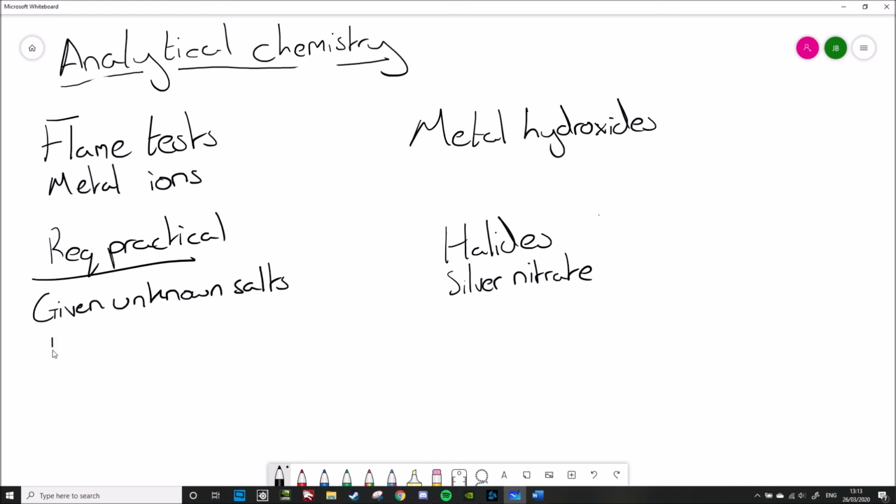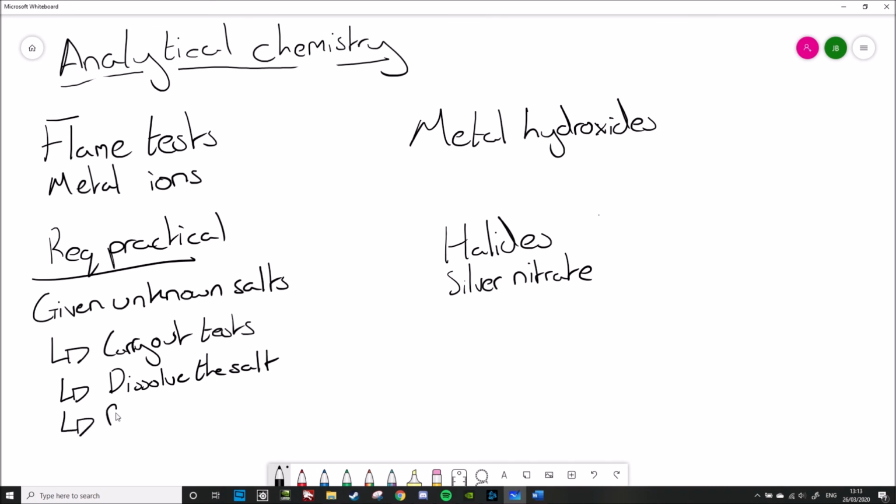So you'll carry out the tests. Sometimes you might have to dissolve the salt to make a solution. So in the example of flame test, you want them as a solution. It works a lot better. And you must make sure you talk about recording observations. Often in the exams, they want you to figure out what is the unknown salt.